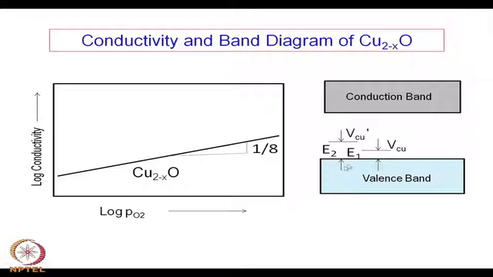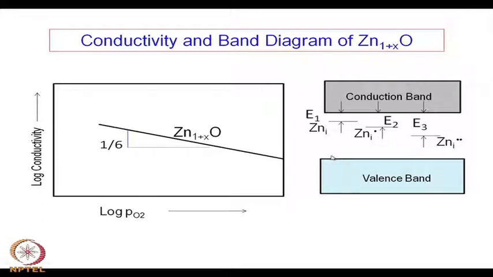So, an electron will transfer from the valence band to this acceptor level, and you will get a hole there. That is the typical situation of Cu2-xO.